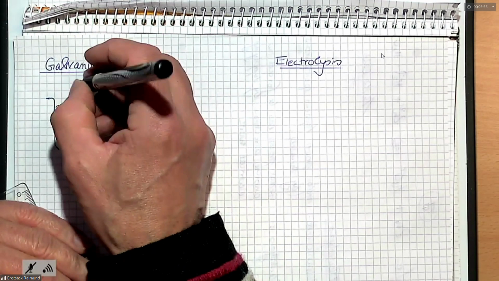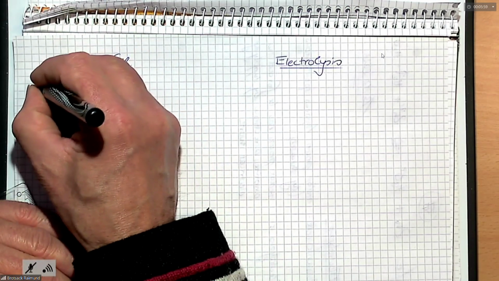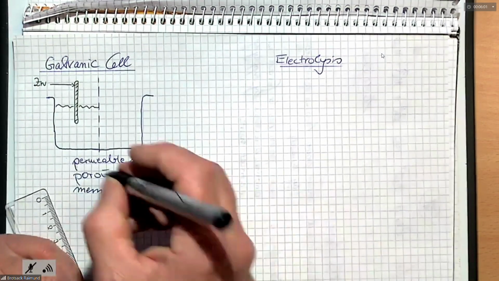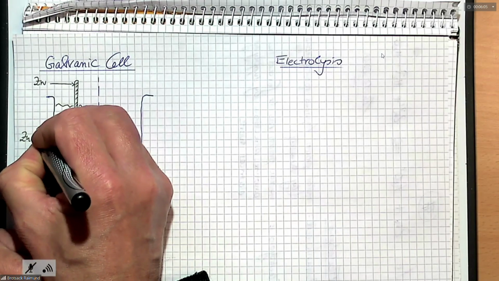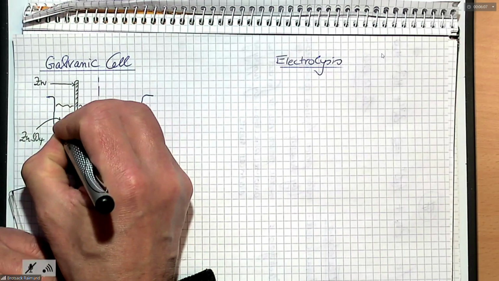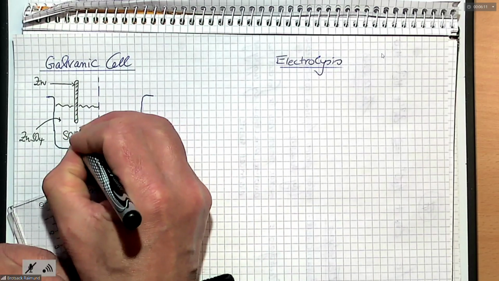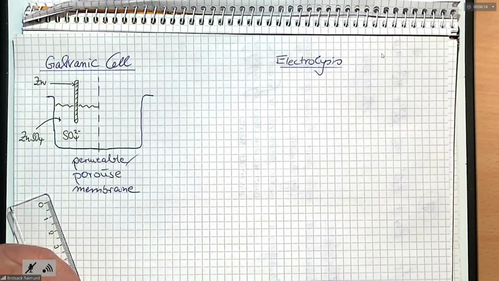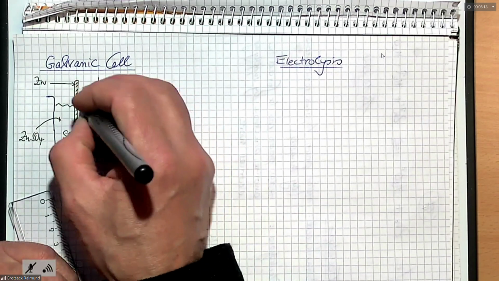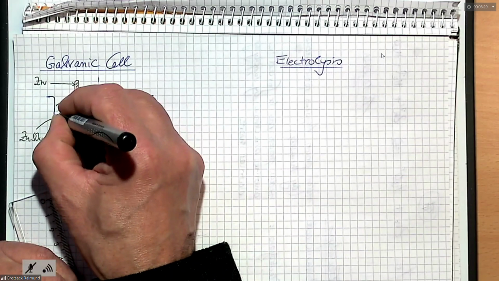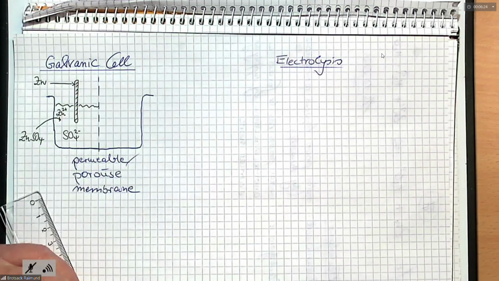So this is an elementary zinc electrode, and we have in there the solution of zinc sulfate. So in there, automatically, we have SO4 2 minus ions, and we have zinc 2 plus ions from the zinc sulfate.